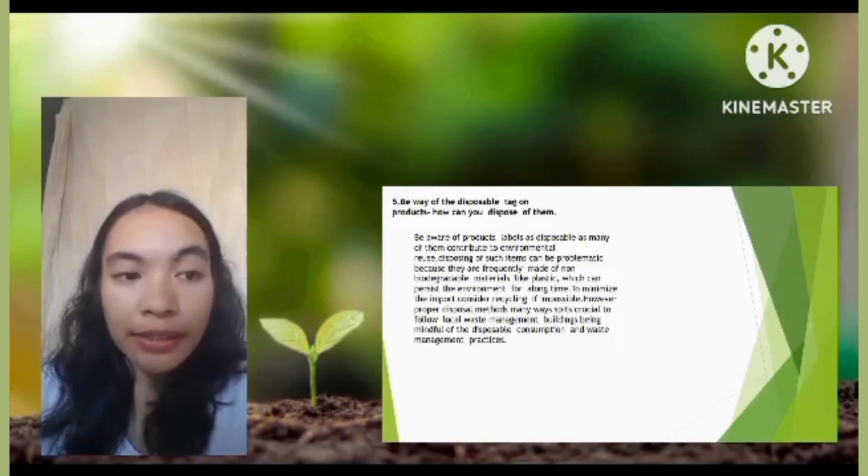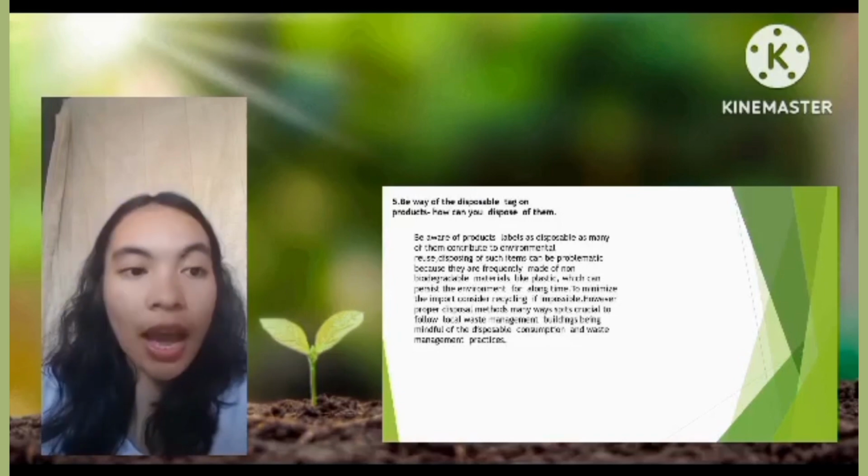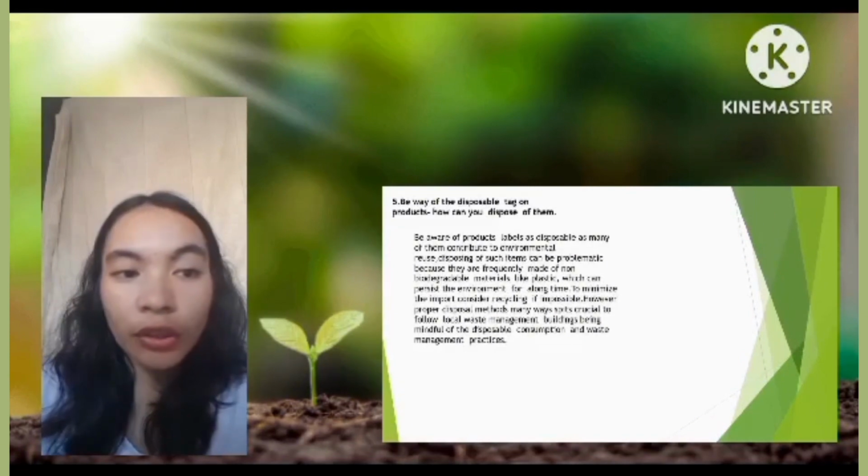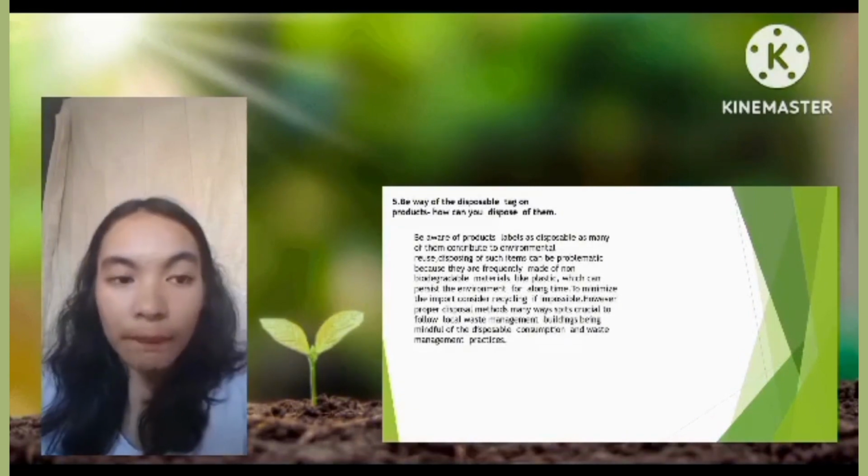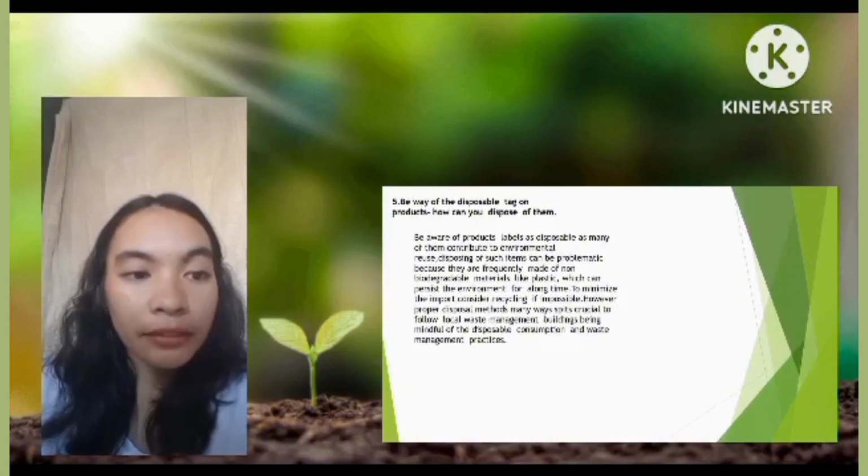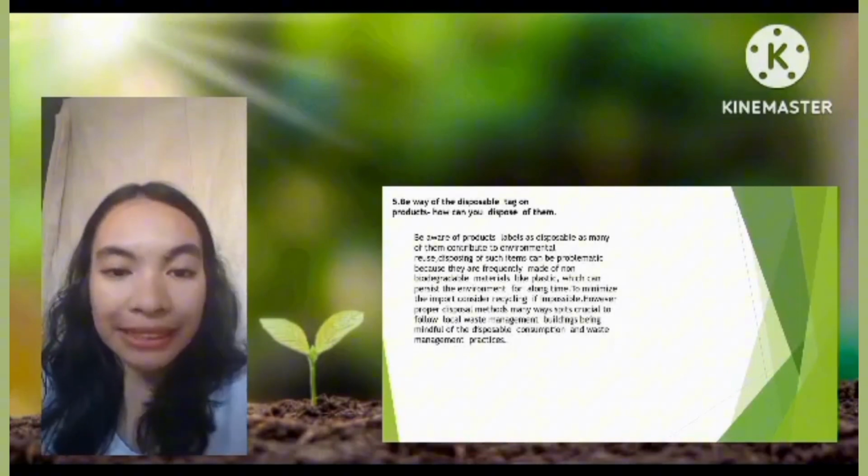To minimize the impact, consider recycling if possible. However, proper disposal methods may vary, so it is crucial to follow local waste management guidelines. Be mindful of disposal, consumption, and waste management practices.